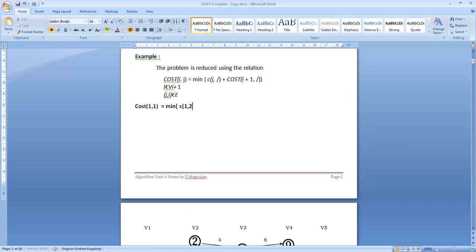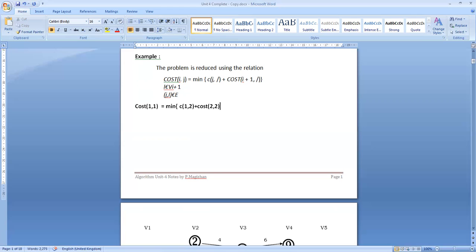So 2 plus cost of I plus 1. Here my I value is equal to 1. So cost of I plus 1 comma 2, the L value is equal to 2.